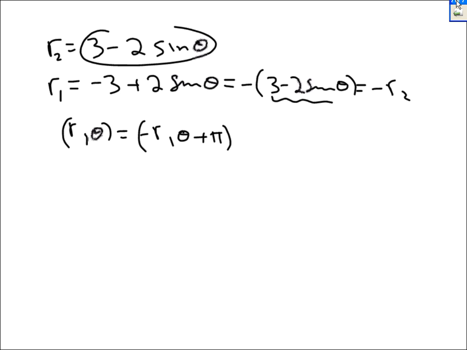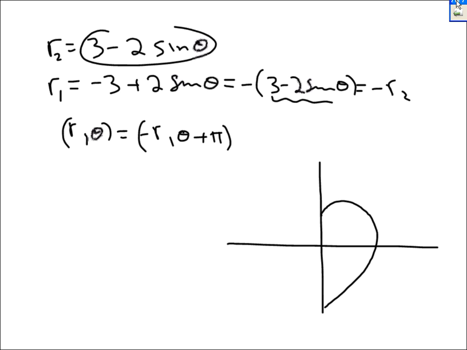Now, if you were to graph this, the top one, when theta is 0, and theta is pi over 2. The top one, if you just graph the right half, it'll look like that. The bottom one is going to be exactly the same, except it just goes the other way.